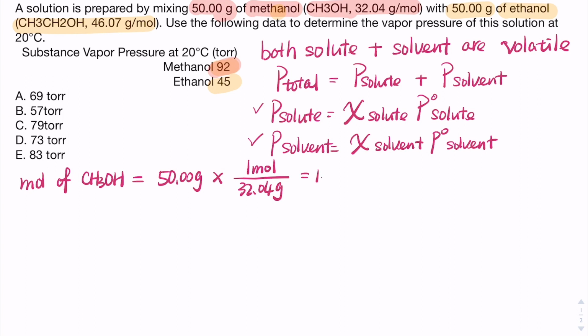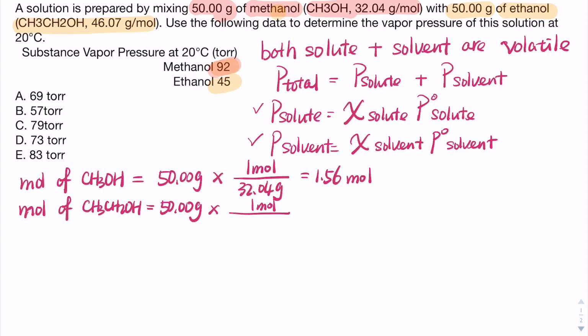This gives us 1.56 moles. In the same way, we'll calculate the moles of ethanol: 50 grams as well, 1 mole over 46.07 grams gives us 1.09 moles.